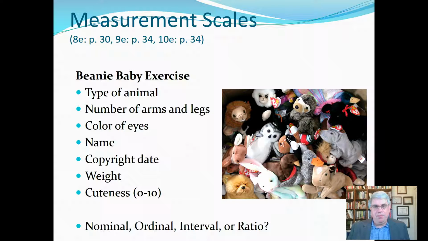Is the distance between a 2 and a 3 the same as the distance between an 8 and a 9? Maybe, maybe not. So it's a little ambiguous there. We know at least it's ordinal. It might be interval as well, or it might not be completely interval. It might be approximately interval. So we don't get a real clear answer for cuteness, but we know it's not ratio or nominal.